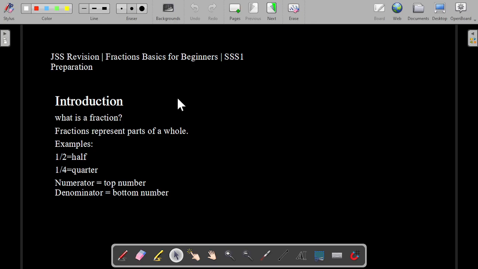Then what is a fraction? As you can see, fraction here represents part of a whole number. If you have a number, then half part of it is called a fraction. Fraction as a word means a part of the whole object or of the whole stuff, right?